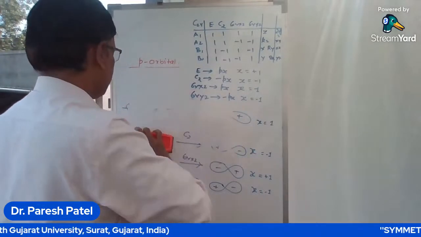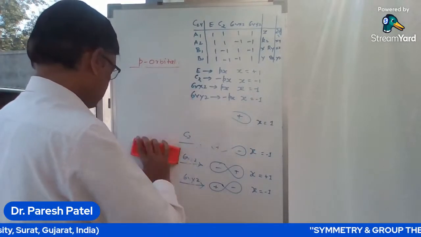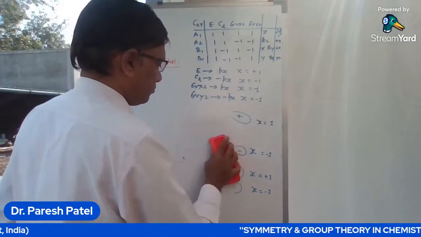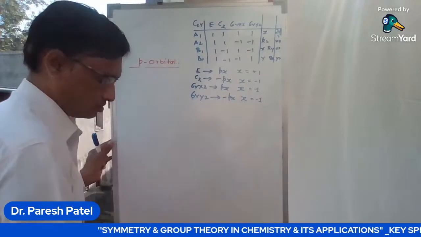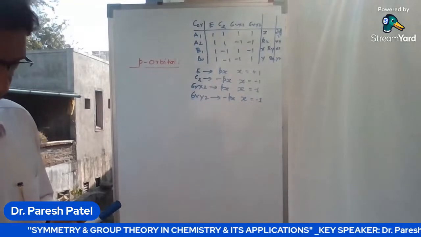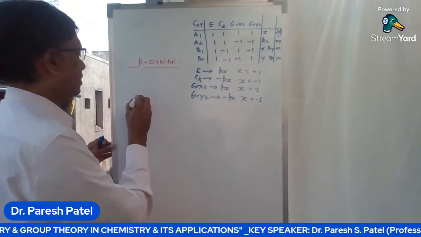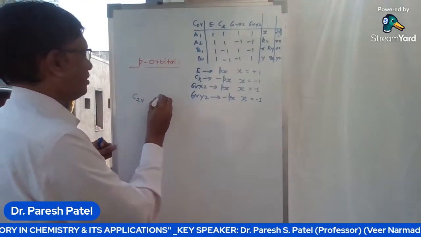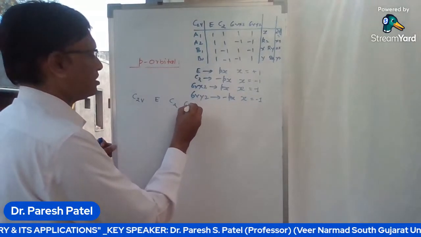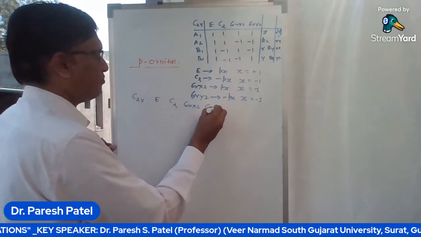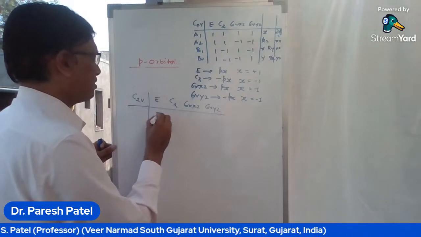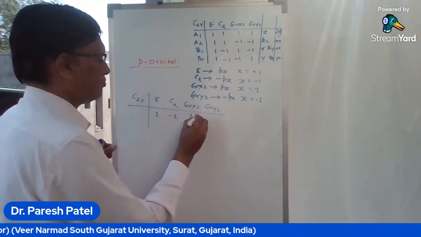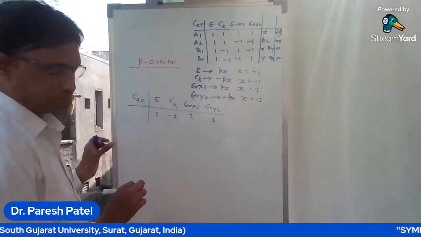So now we can compile the overall result as C2v, E, C2, sigma Vxz, sigma Vyz: 1, minus 1, 1, and 1.